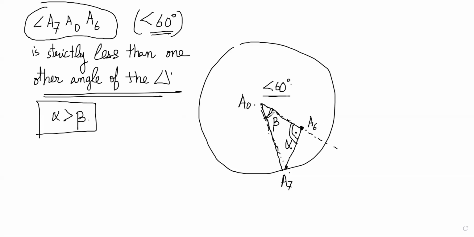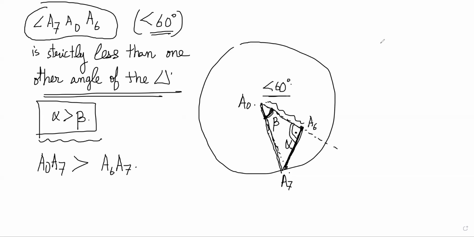So we know that this implies that the side A0, A7 is bigger than A6, A7, right? Basically, the side opposite to our angle, A6, A7, is going to be smaller than A0, A7, the other side.